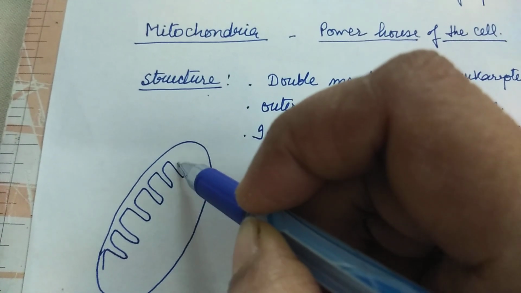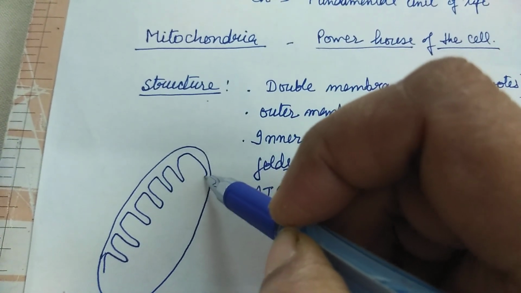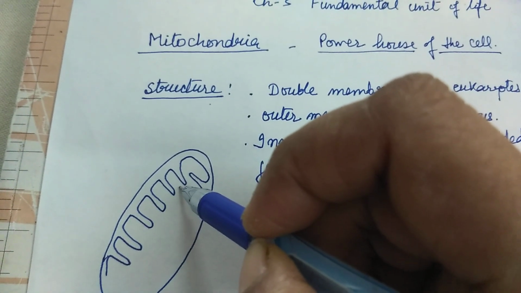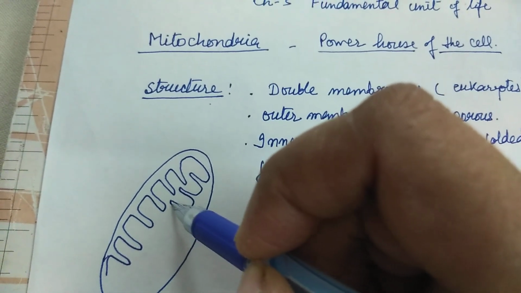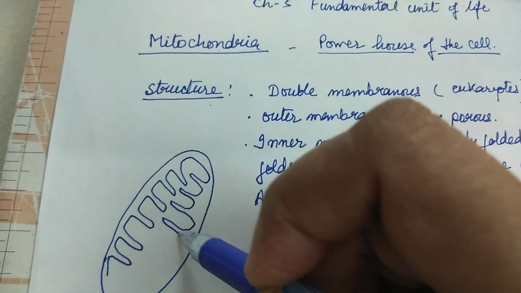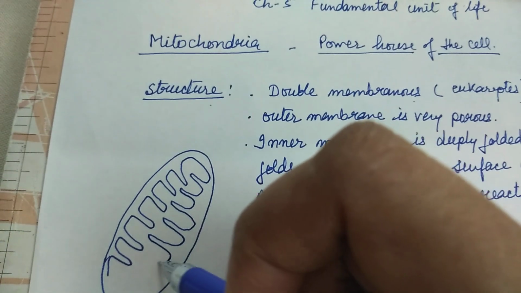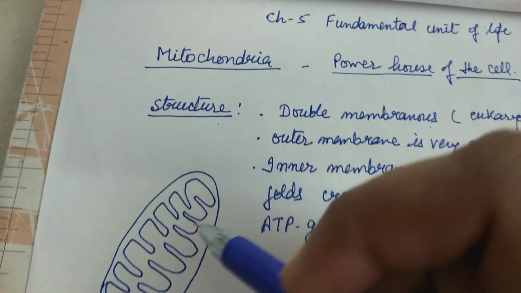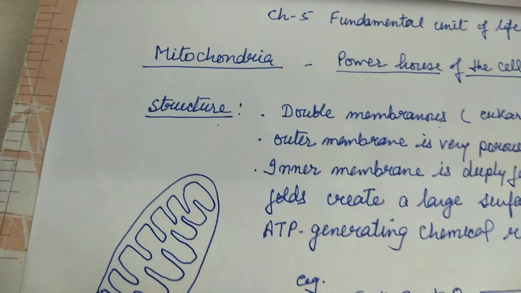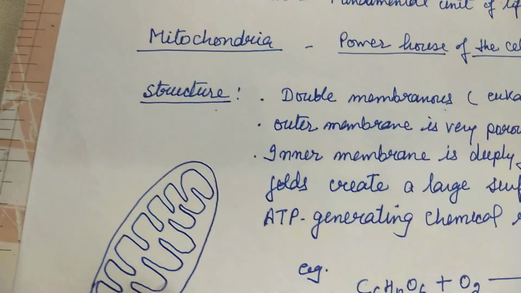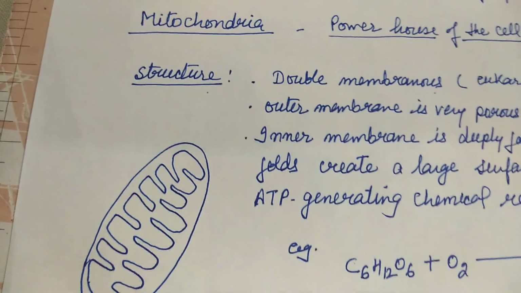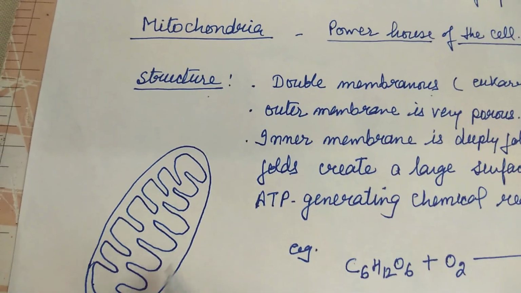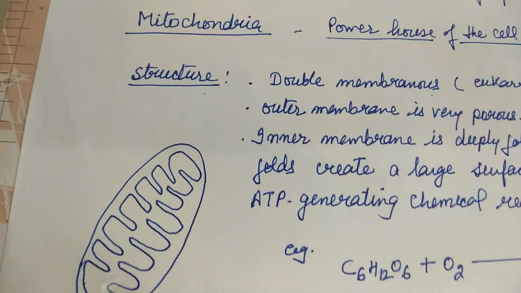If we draw the inner membrane, it is very folded. Clear? It is like putting a bigger bag in a smaller bag. This inner membrane is folded, and this increases its surface area. So the surface area of the inner membrane is much more than that of the outer membrane.